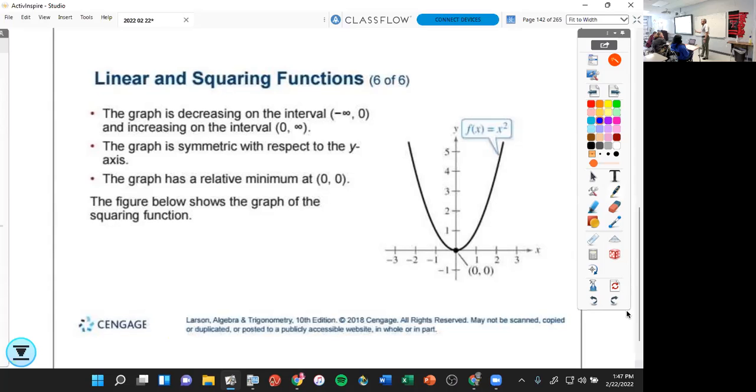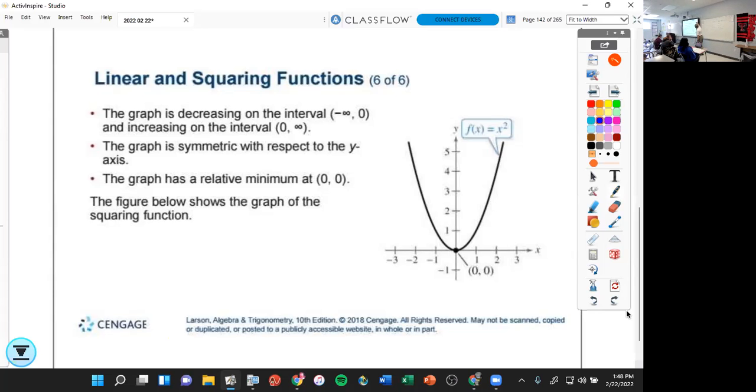Just like saying repetitive and redundant. Okay. The graph has a relative minimum at 0, 0. And y'all okay with what a relative minimum is? Relative minimum means in relation to the points around it, it's going to be the lowest, right? And there's a graph of it.